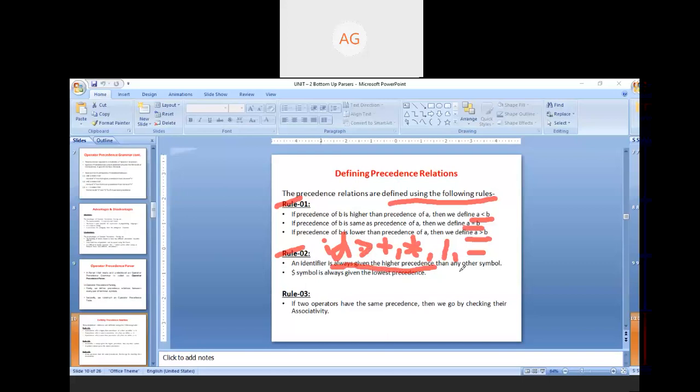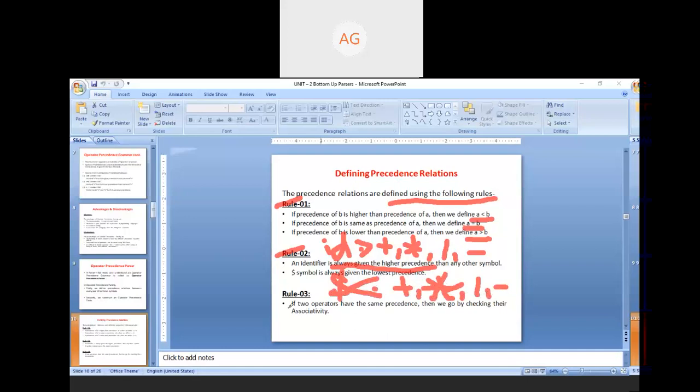And the second point of rule number 2 is that the dollar symbol is always given the lowest precedence, just the reverse in the case of dollar. So dollar is given the lowest precedence when it is related to any terminal symbol.